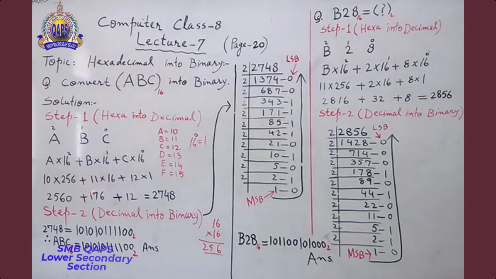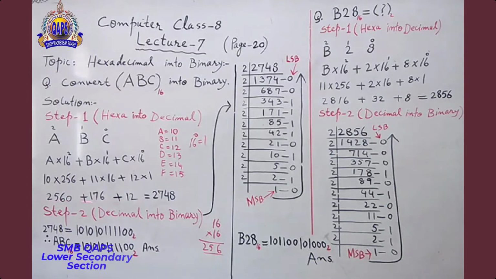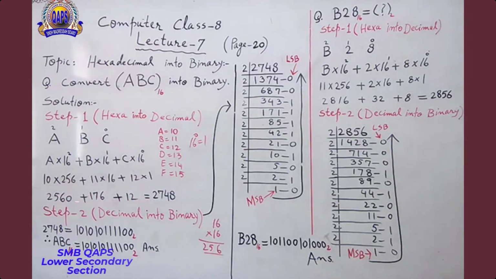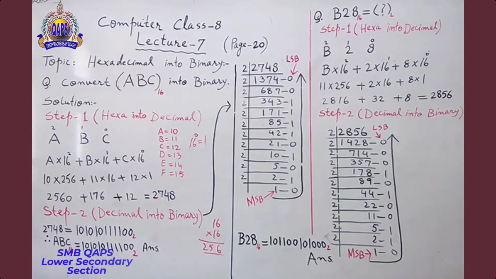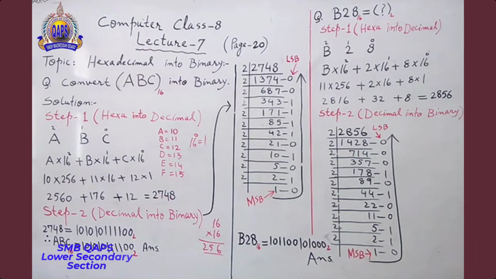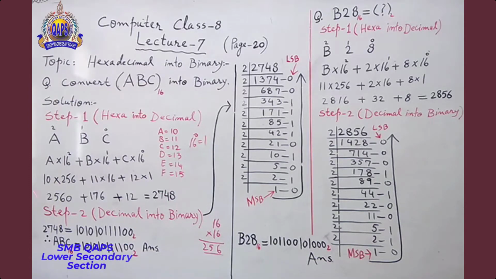Understand? Plus 11 multiplied by 16, 176 plus 12 multiplied by 1 is equal to 12. Add all these three things. Add all of them. Answer will be 2748. Concentrate upon this thing. Check it again and again.